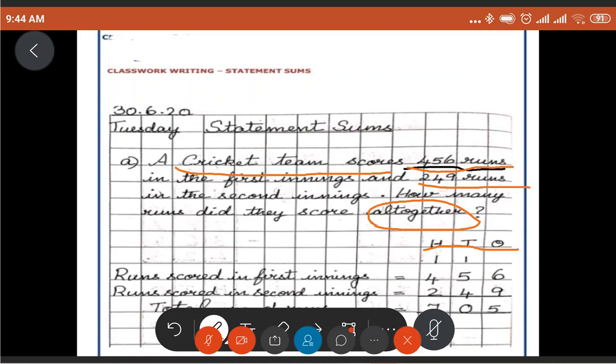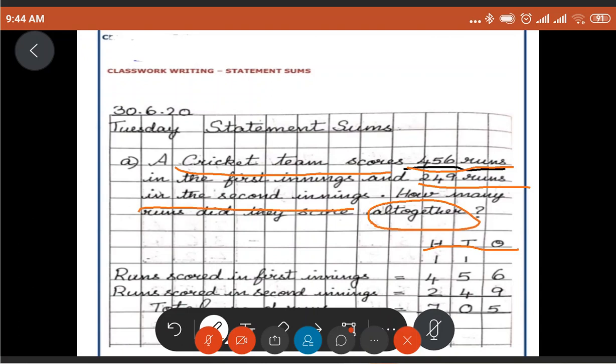Runs scored in the first innings: 456 runs. So first we are going to write 456: 4 hundreds, 5 tens, 6 ones. You have to write in the correct place values. Next, runs scored in the second innings. So what is the runs scored in the second innings?